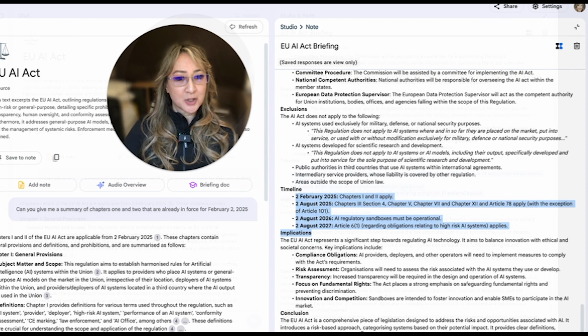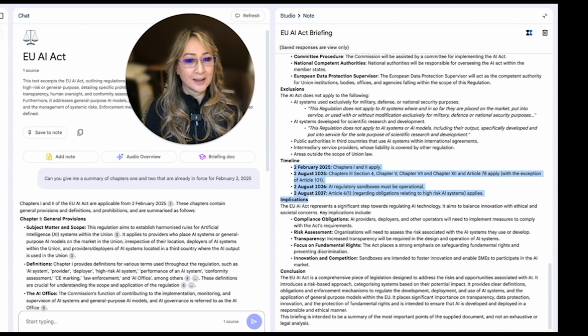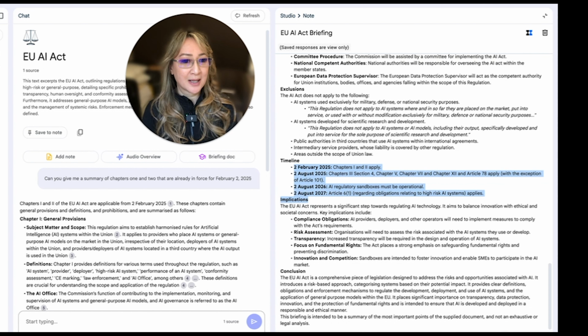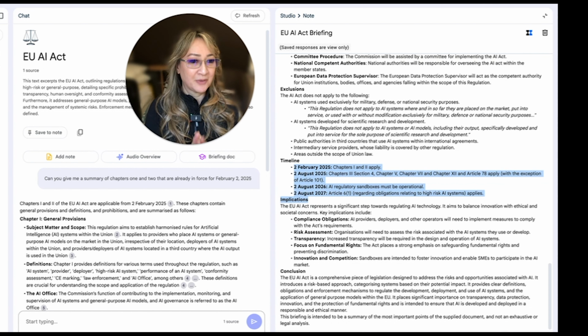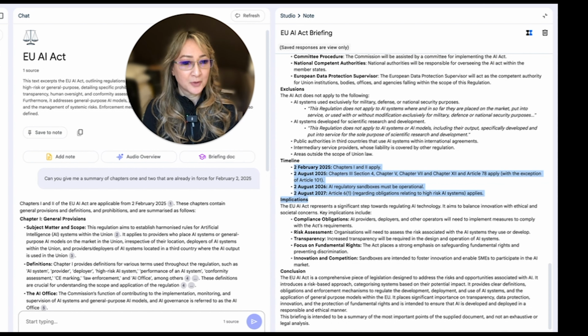Okay, so the conclusion is the EU AI Act is a comprehensive piece of legislation designed to address the risks and opportunities associated with AI. It introduced a risk-based approach, categorizing systems based on their potential impact. It provides clear definitions, as we saw in Chapter 1, obligations and enforcement mechanisms to regulate the development, deployment, and use of AI systems, and the application of general-purpose models within the EU.